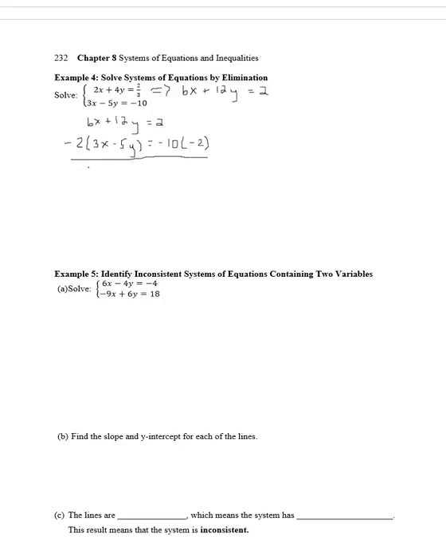So if we do that, the first equation doesn't change. The second equation is now negative 6x minus 10y equals 20. So now when we add these two together, the x's cancel again, and we have 22y equals 22, so y equals 1.